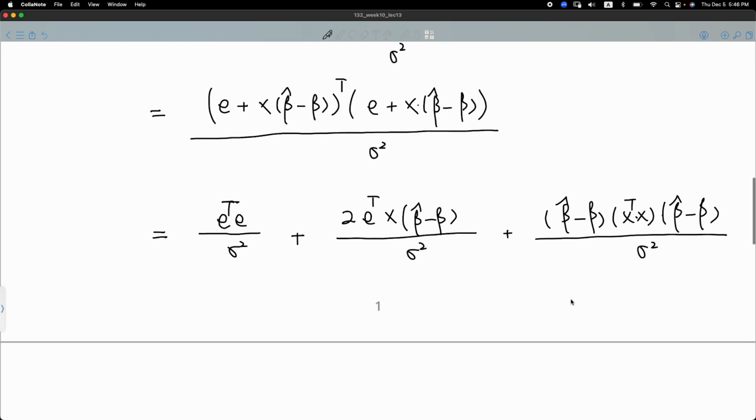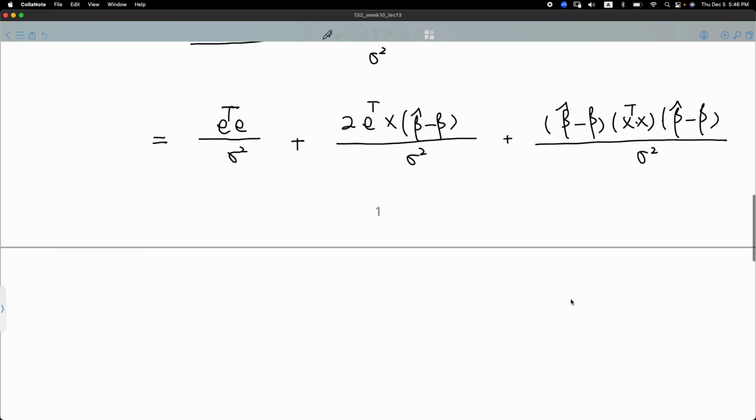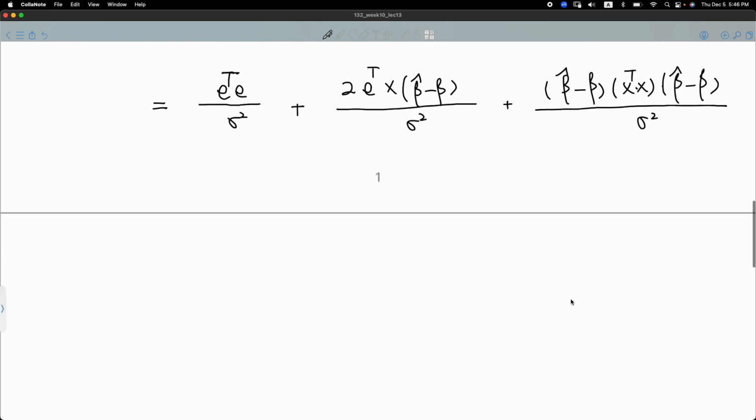So now we have the first three terms here. And I'm not sure if I showed this last time, but maybe I'll just give it as a result, that the e transpose X is actually equal to 0.